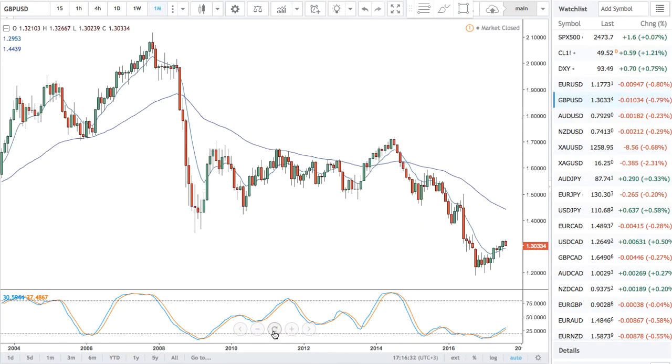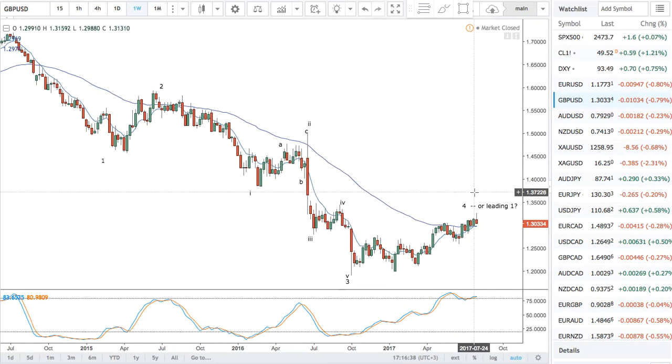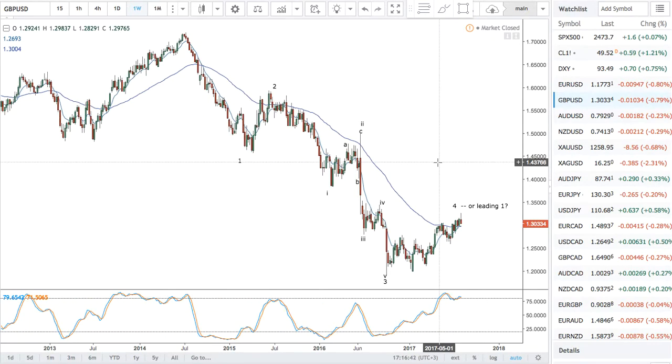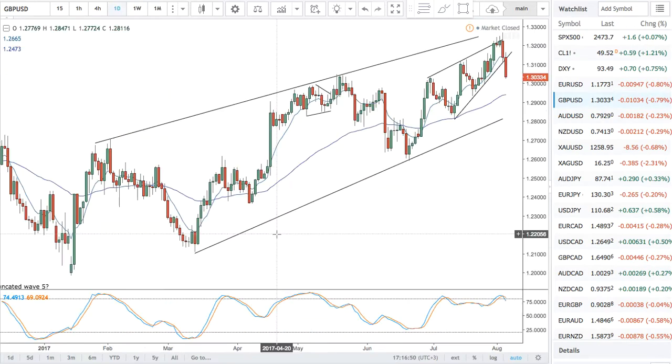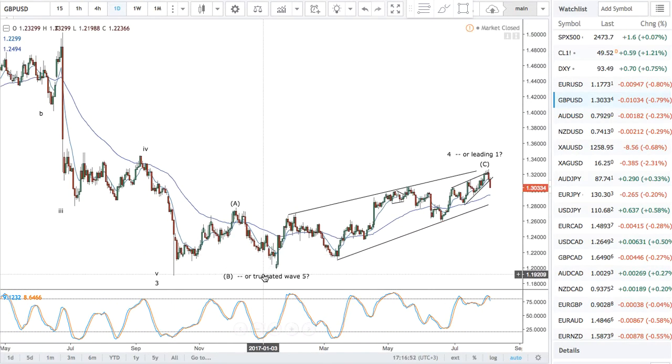I think there's a very good chance for this to ultimately be wave 1 of a leading diagonal. But we have to wait and see because of the truncation issue. That is only a guess at this moment.